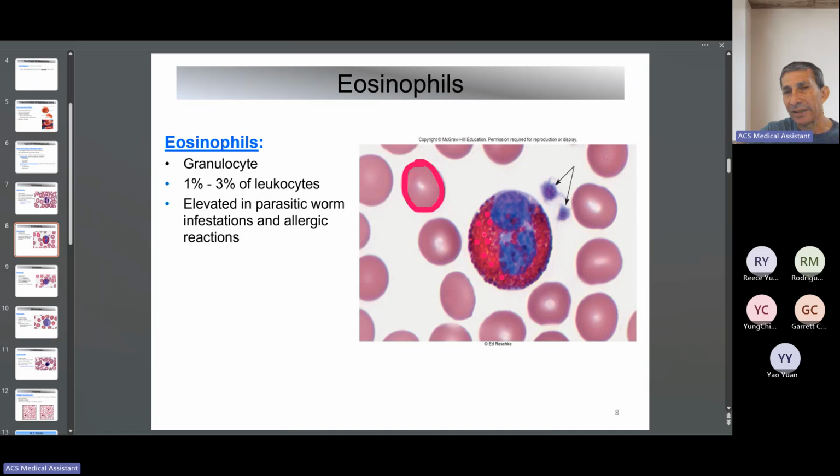No, they look like they have a bunch of pimples in there, if you will. So that's basically what it is. We have between 1 to 3% of them among leukocytes. Remember, this is a type of leukocyte. It says right here they are elevated during a parasitic infection or infestation or an allergic reaction.